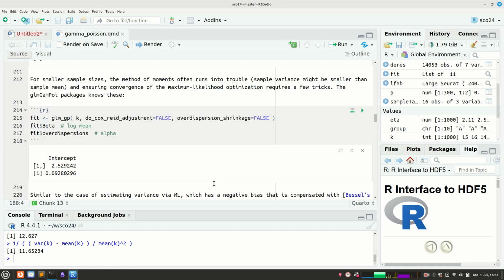Actually, Constantin Ahlmann-Eltze, who was a PhD student at EMBL and currently is hanging around in our group, wrote this glm_gp function as part of his thesis, which now everybody uses because it works better than the one which is part of R.